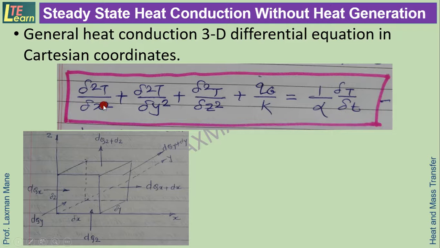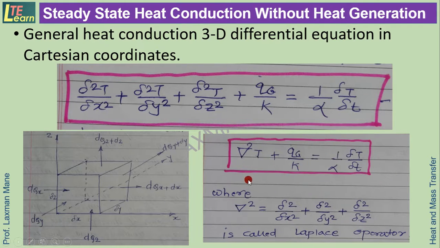These are the second order differential terms along x, y, z direction, that is Cartesian coordinates. This is internal heat generation and this is the thermal diffusivity, that is alpha.